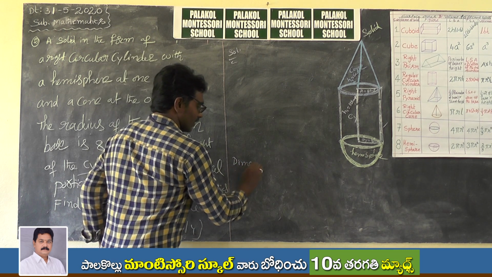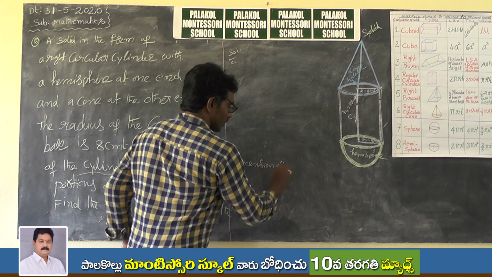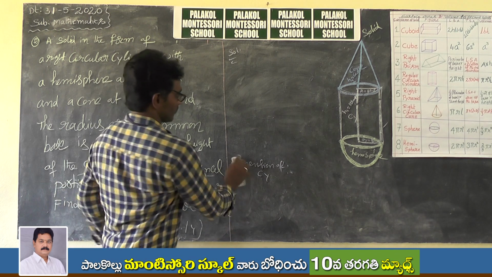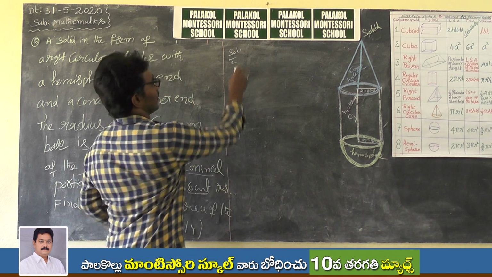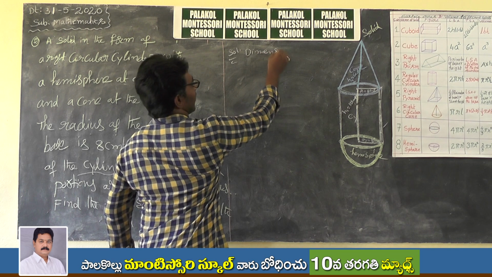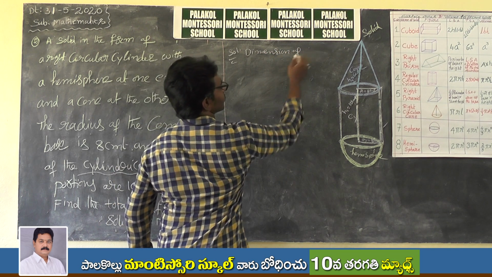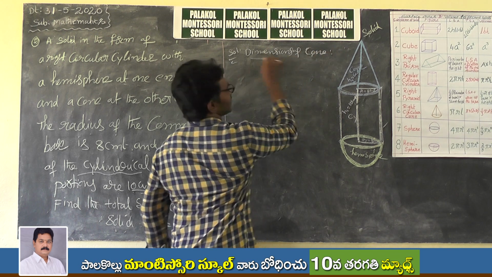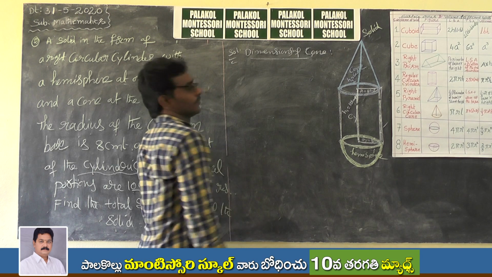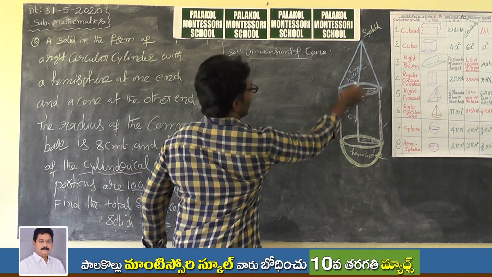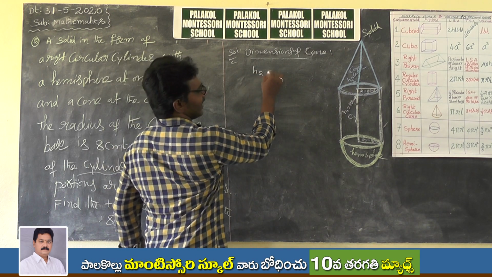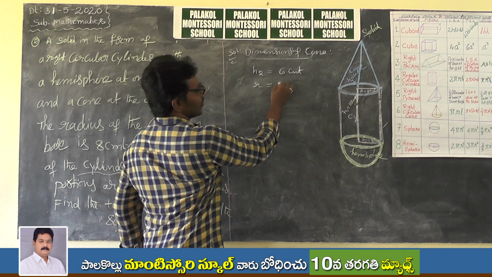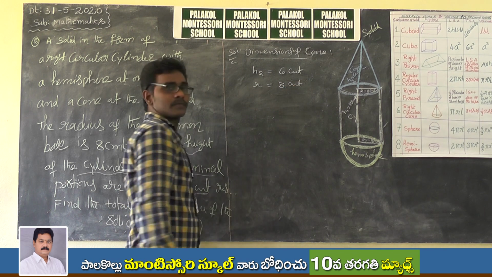First, the cone. The first part is a cone, so first the cone. In the cone, H2 is the height, equal to 6 centimeters. Radius R is equal to 8 centimeters.